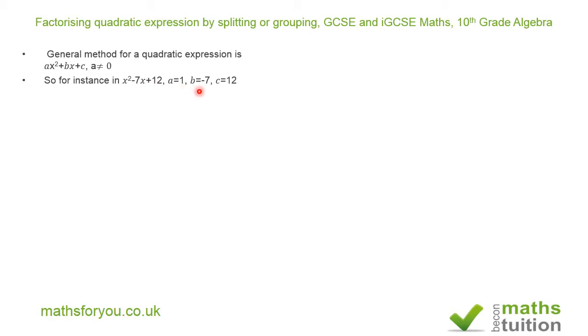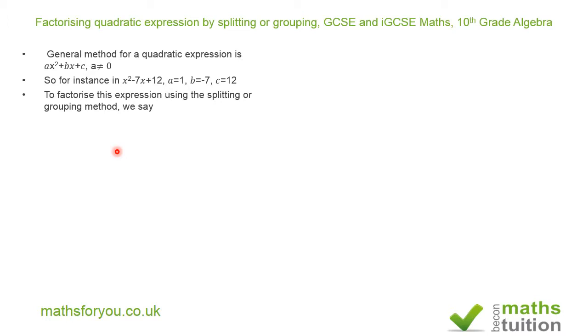So let's try x squared minus 7x plus 12. Here, a is 1 because the coefficient of x squared is 1, the coefficient of x is minus 7, and the constant term is 12. In this method, I'm going to find two things.